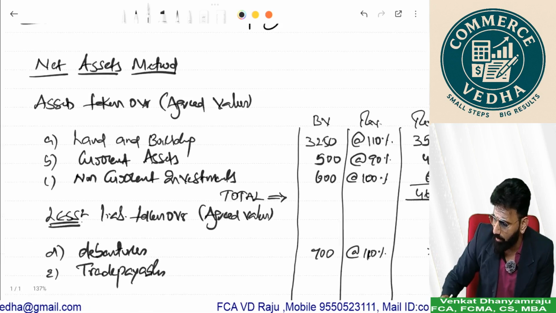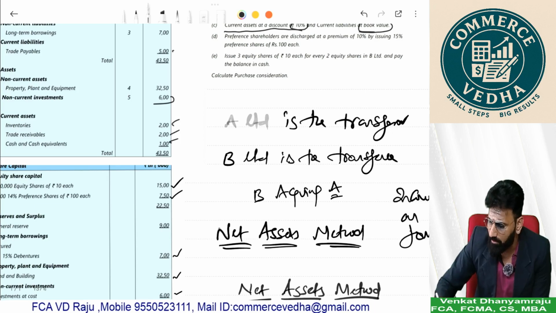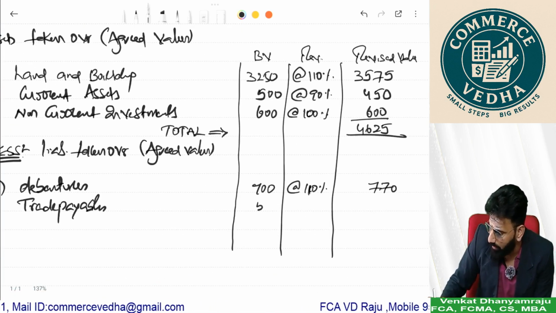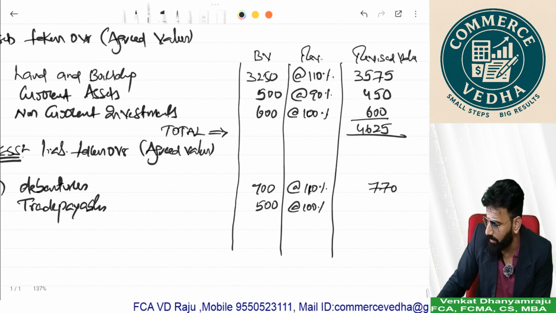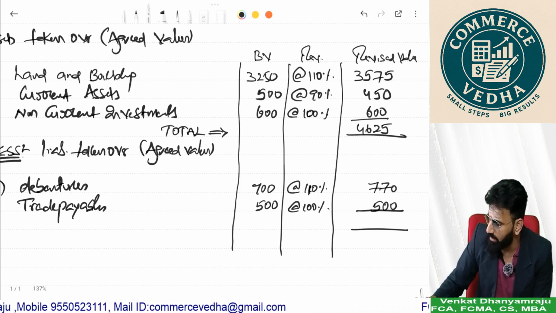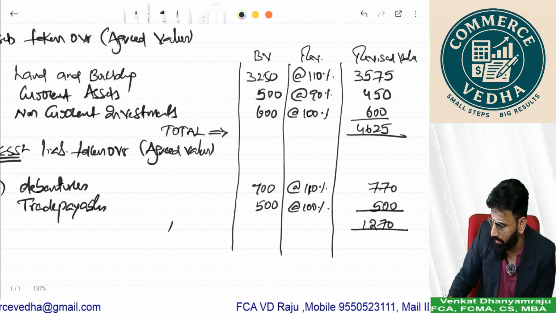And trade payables at par. At par, trade payables is 500. So trade payables at par 500 at 100%. So total liabilities taken over is 1270.